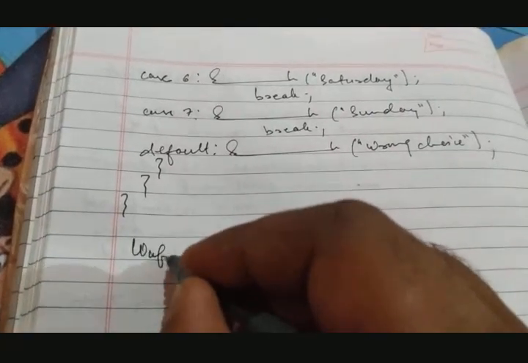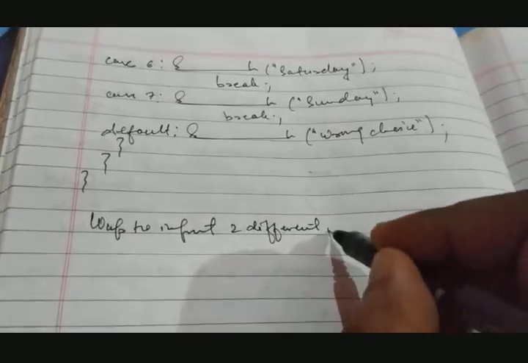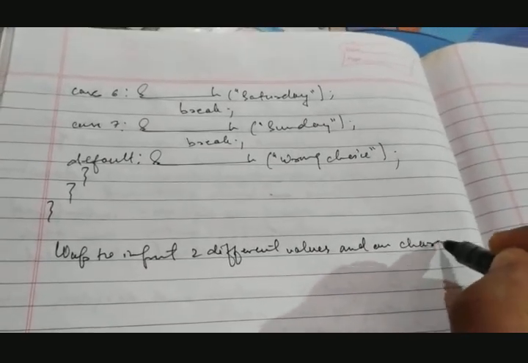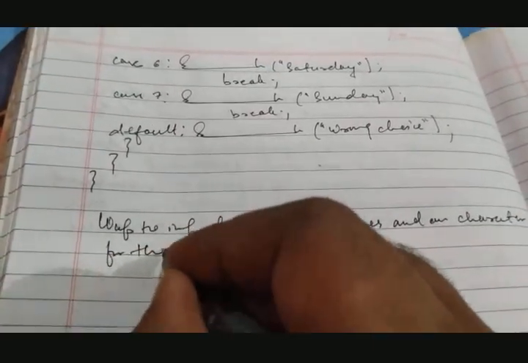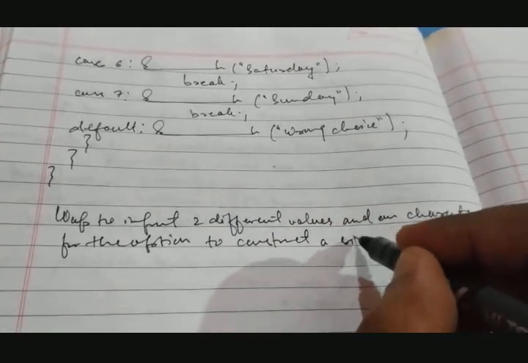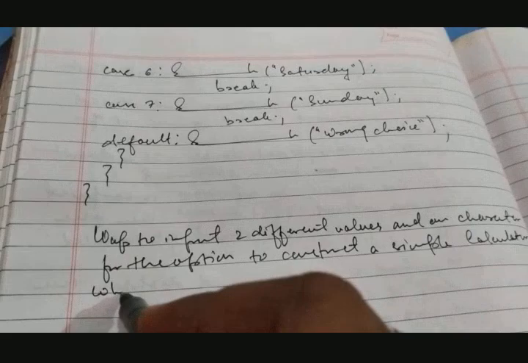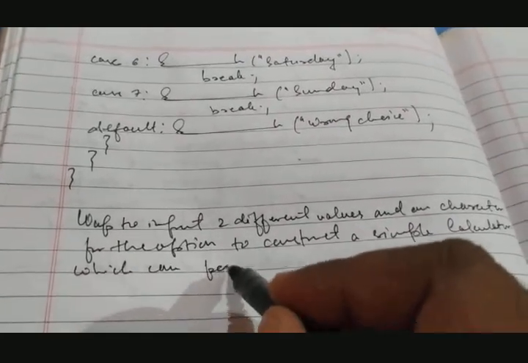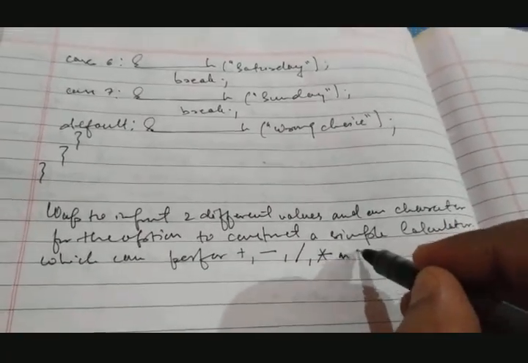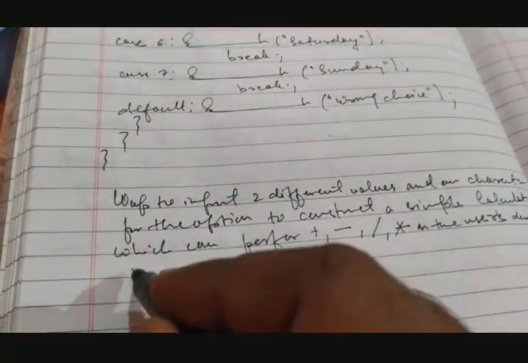Write a program to input 2 different values and a character for the option, to construct a simple calculator which can perform addition, subtraction, division and multiplication on the user's demand. Alright, so we move on.